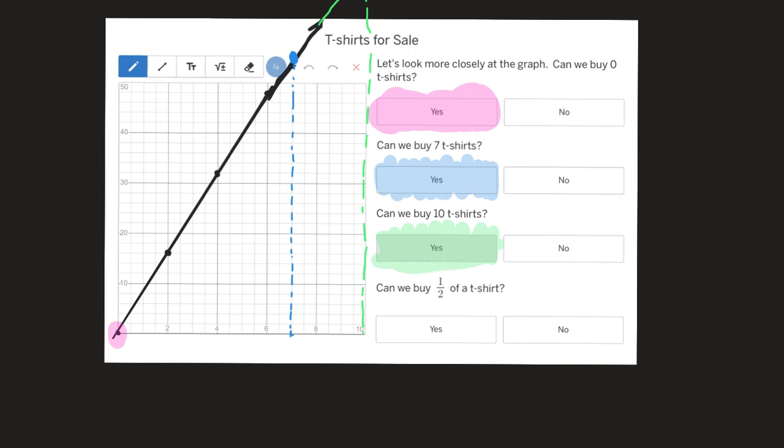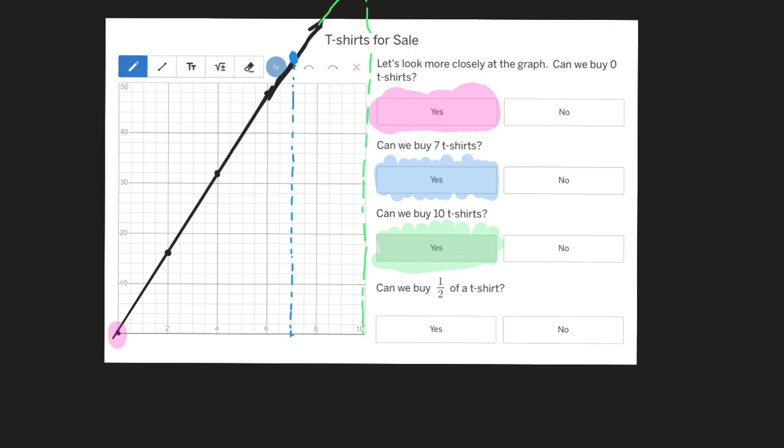They're on our proportional relationship. We would just multiply our constant of proportionality, which we found was 8, to figure out how much we spent. So 8 times 10, it would be $80. So this point would be the point 10, 80.